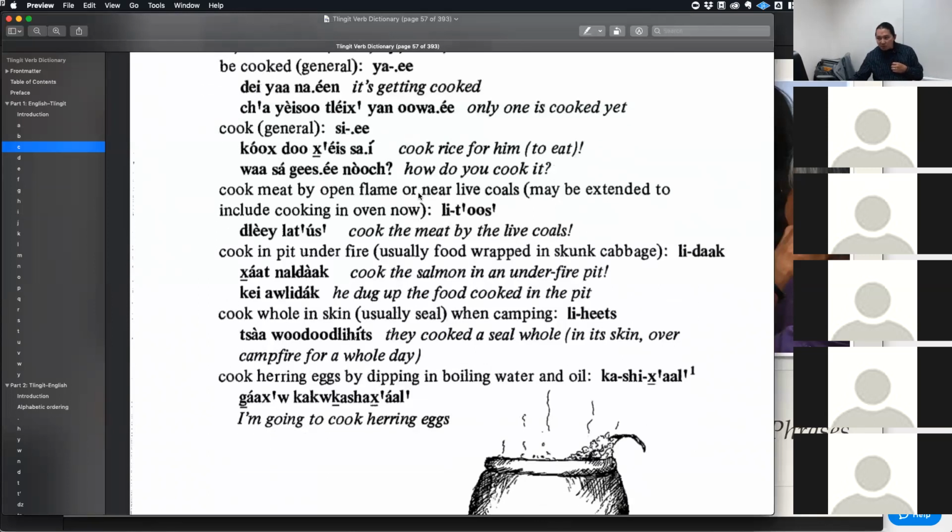To cook by open flame or near coals, and this is the one where it says may be extended to include cooking in an oven. So maybe this would be baking the cake, right? And so this one is hus with an L classifier.